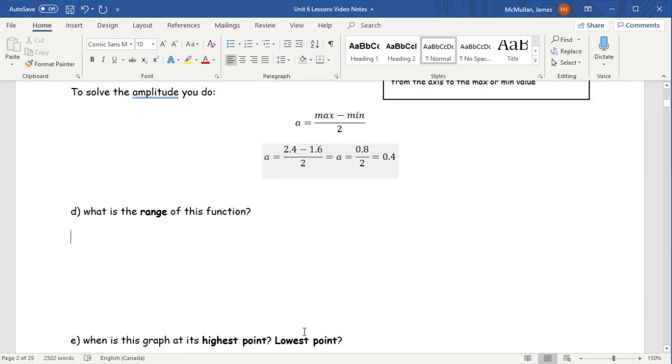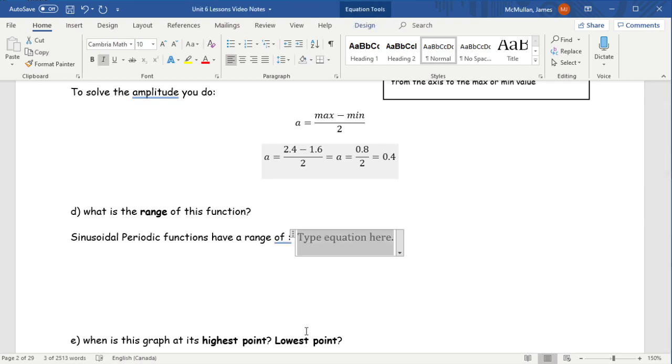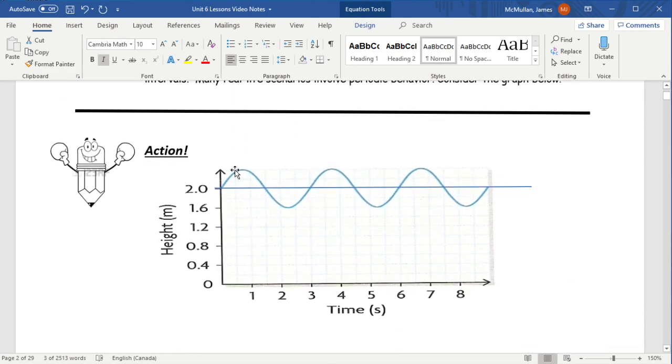What is the range of this function? Now, sinusoidal periodic functions have a range of, well, at least let's clarify this, because some periodic functions don't have this, but the waves we're looking at, this one is called a sinusoidal wave.